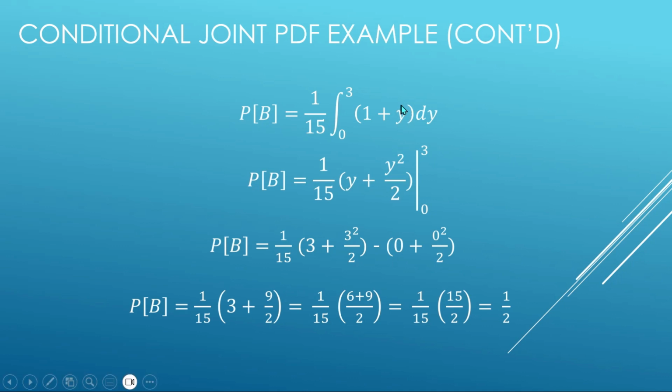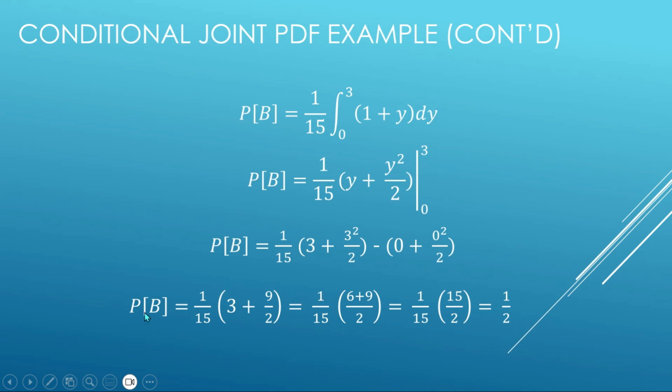So 1 plus 1 is equal to 2, and then we divide by 2. Now again we apply the limits. First we apply the upper limit 3, and then the lower limit 0. So when we apply upper limit 3, we get 3 plus 3 squared over 2, minus 0. Here we have placed 0 in place of y, 0 squared divided by 2. So after simplification, we get 1 by 2.